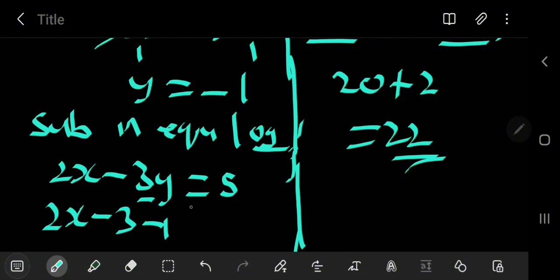Why? The relationship between 3 and y is multiplication. I repeat again, the relationship between 3 and y is what? Multiplication. So what do you do instead? Since you don't have a variable again, you put a bracket sign and you put your substitute inside. Equals what? 5.